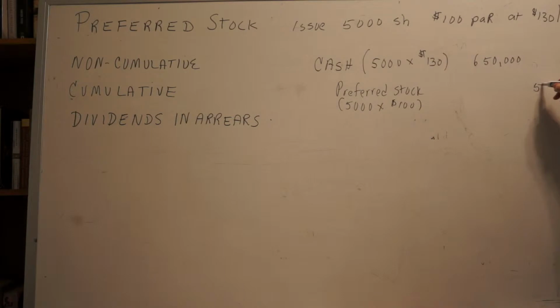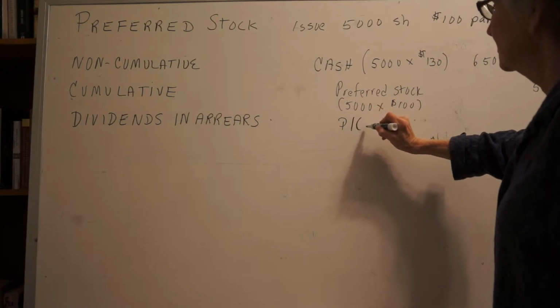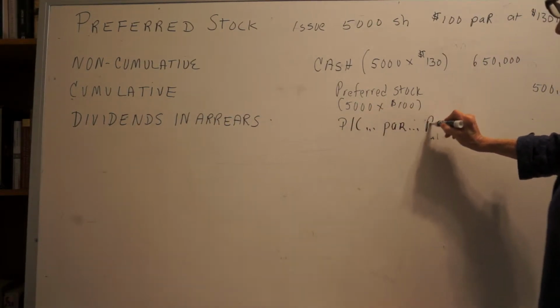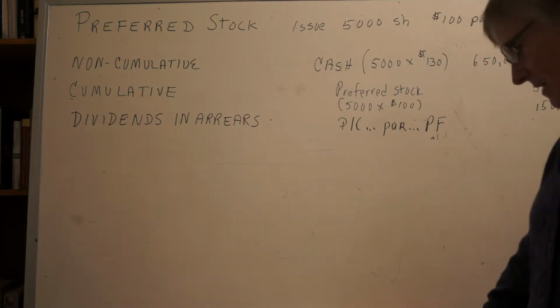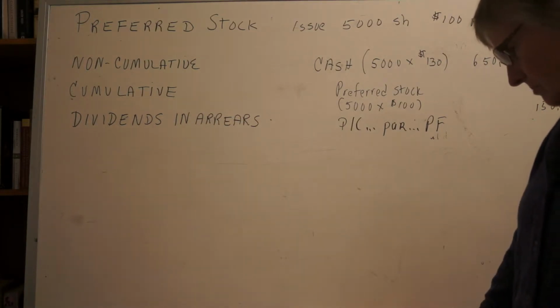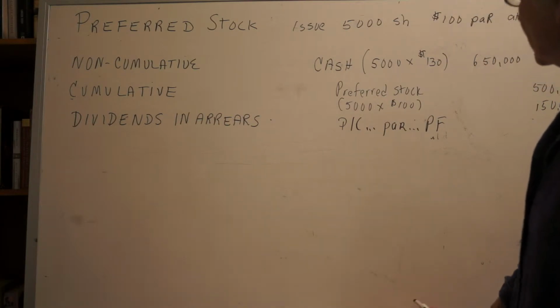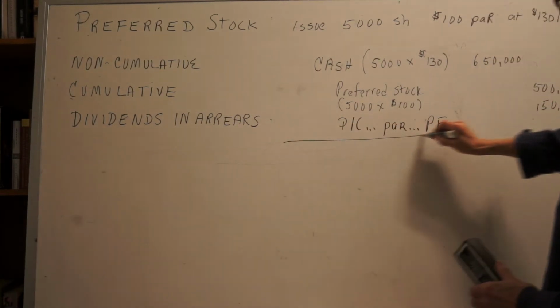So that would be $500,000, which means that we have paid in capital in excess of par value on our preferred stock of $150,000. So that gives you an example of how that's set up.